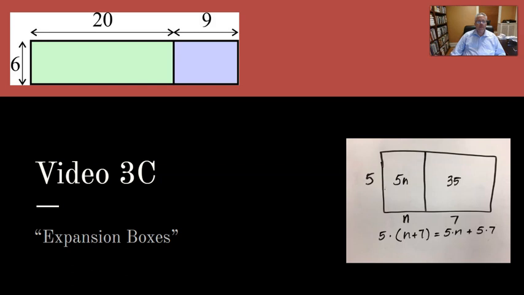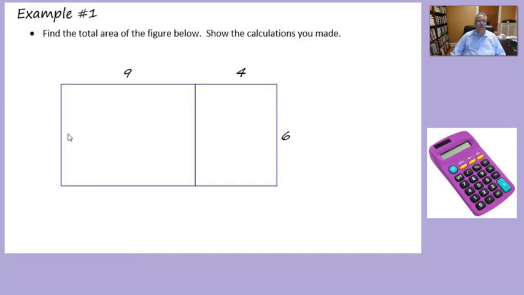To introduce it, we're going to talk about the following geometry problem. We have two smaller rectangles that are combined into a larger rectangle, and our goal is to find the total area of the figure below. We could find the area of this first rectangle.